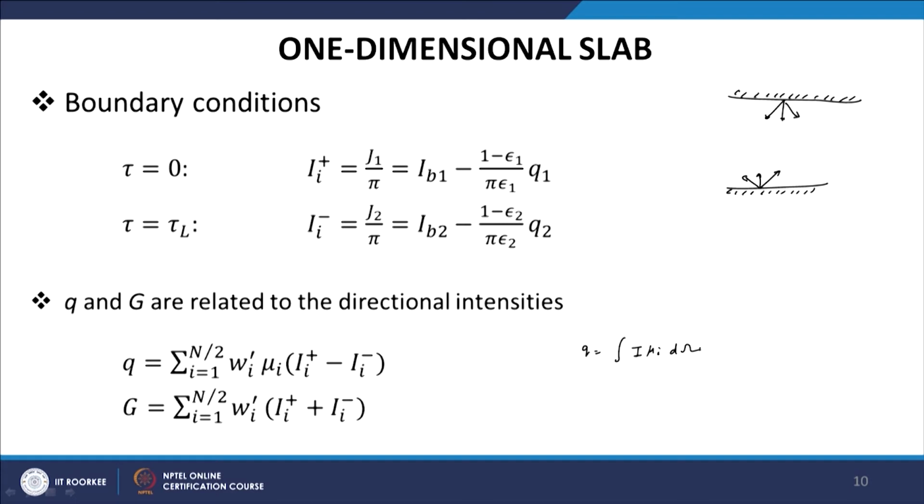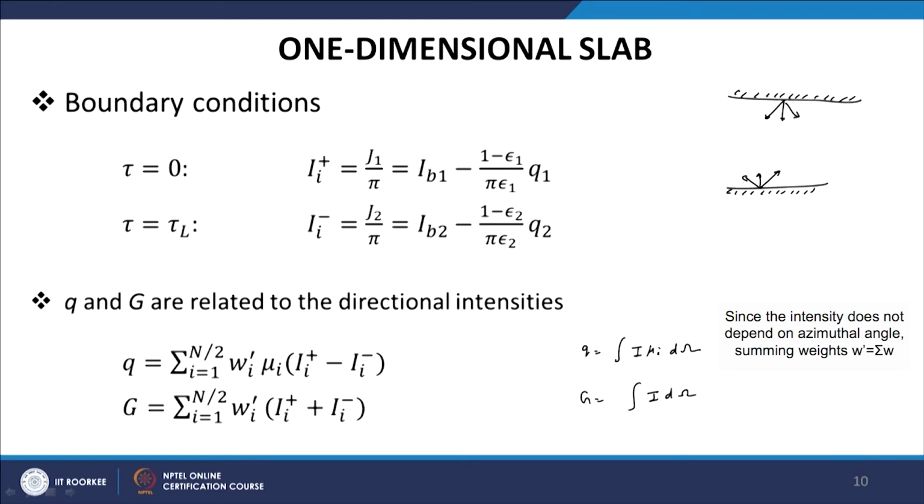We can simply write this as the summation over i equal to 1 to n by 2 of W i mu i (I plus minus I minus). And G is similarly defined as the integral of I d omega, which we can write as the summation over i equal to 1 to n by 2 of W i (I plus plus I minus).